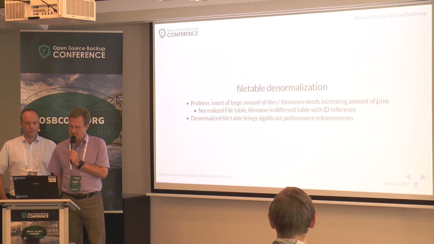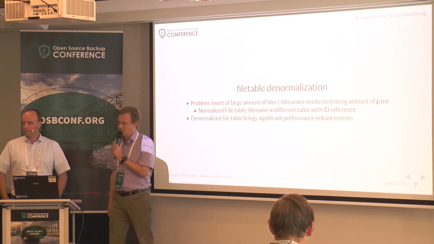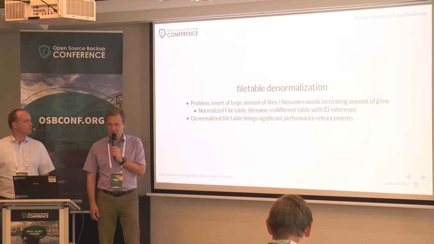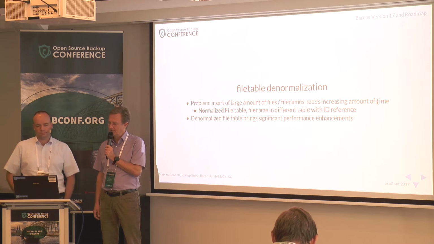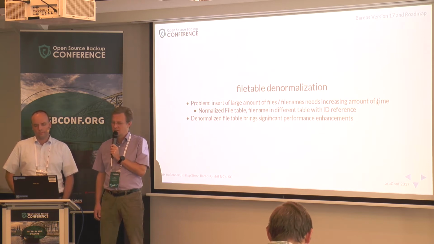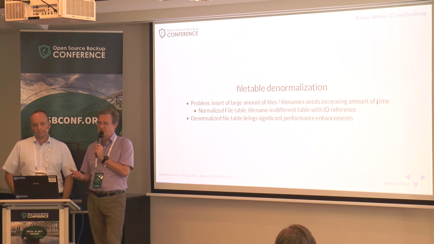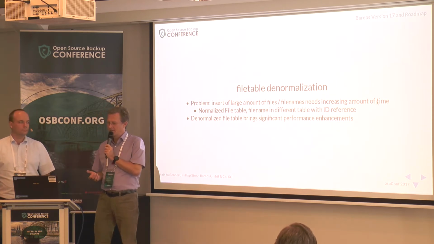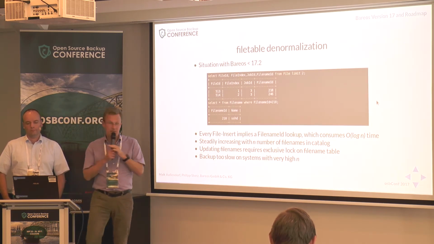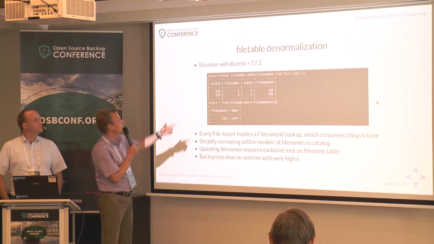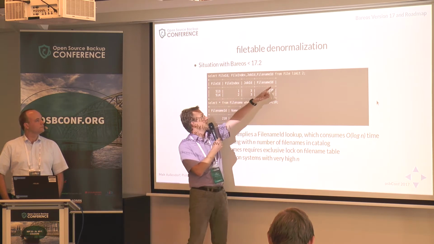We start with a database optimization, summarized under the title file name denormalization. The problem that we used to have is that when doing a backup, there will always be a record for the files that go into the backup. Such a record before 17.2 looked like this, at least parts of it from the file table.